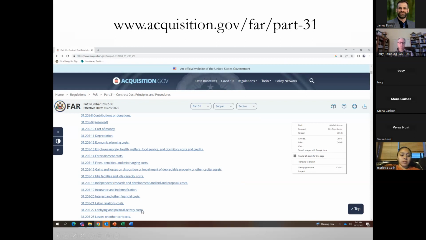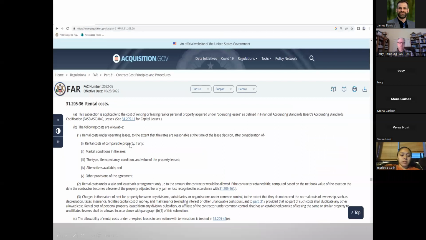Here's lobbying and political activity cost, what's allowed, what's not allowed; idle facilities, if you're talking about manufacturing; entertainment costs; employee morale, health, welfare, and food services; and dormitory costs and credits. Each one of these will tell you what is allowable and what's not. So you can see that under rental cost here, the following costs are allowable, meaning you've got to read these and decide, yes, it is a rental cost.